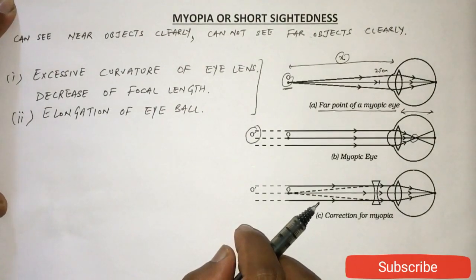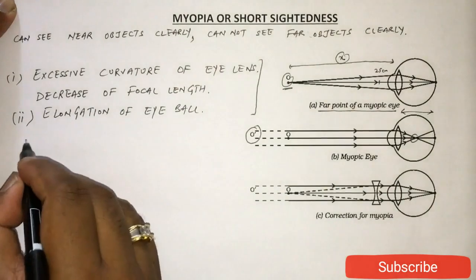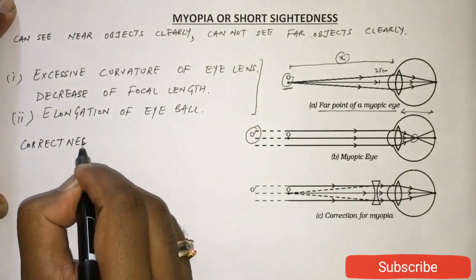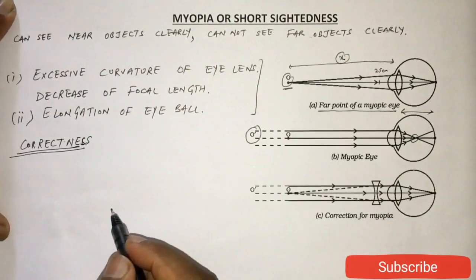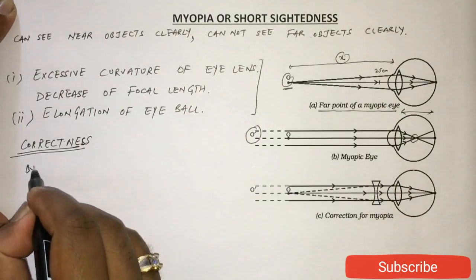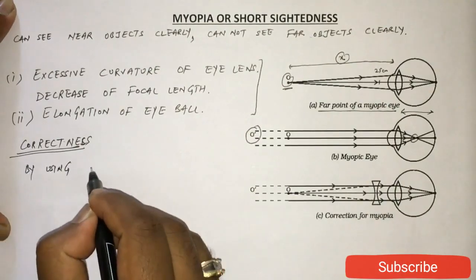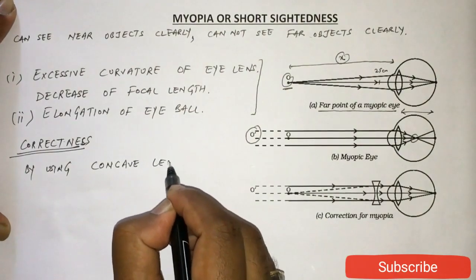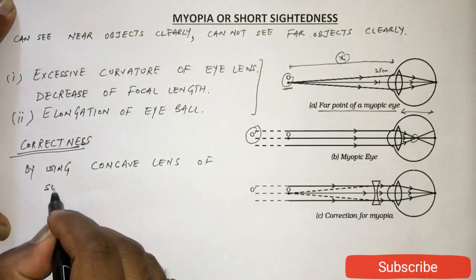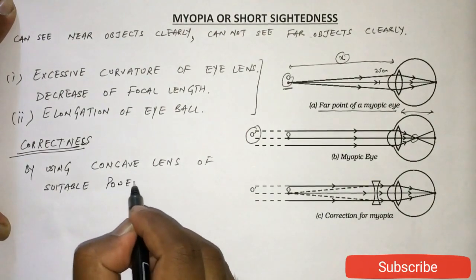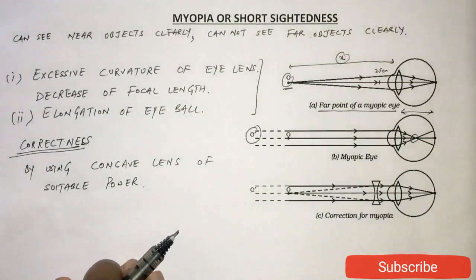So how can we correct this defect? Means correction. We can correct this myopic defect by using a concave lens of suitable power, or you can say suitable focal length.